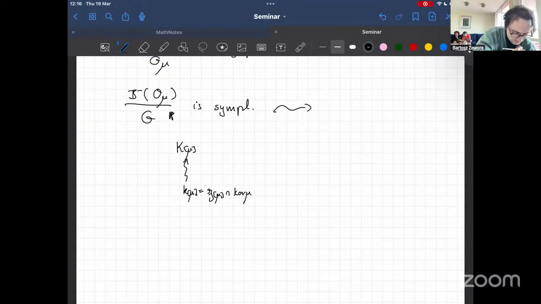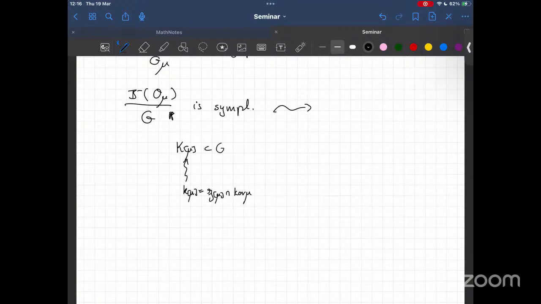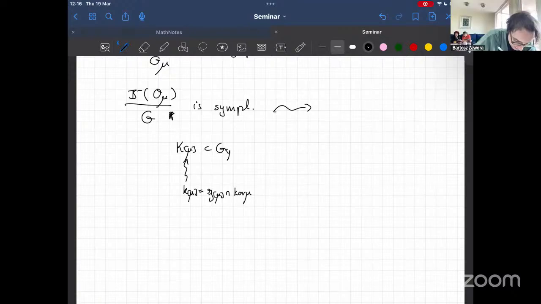I don't know. For sure it's a Lie subgroup of G mu, but the elements of the kernel of mu don't form a Lie subgroup, so it's not so simple. It wouldn't be an intersection of Lie subgroups. I see.